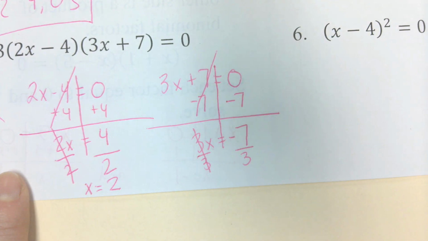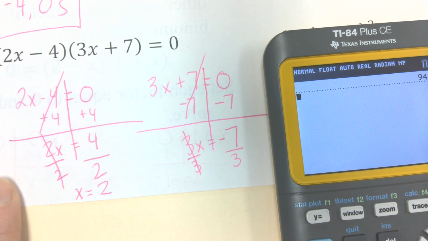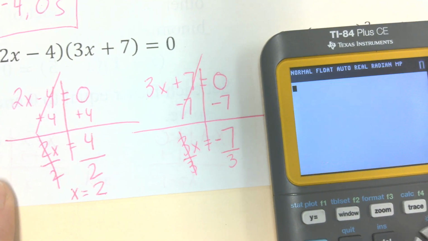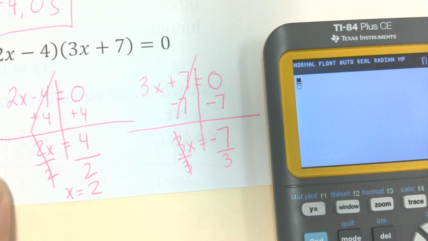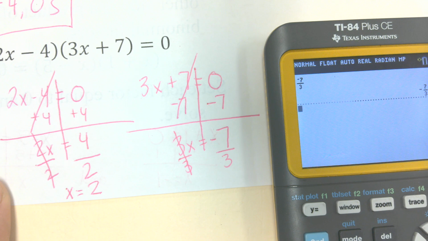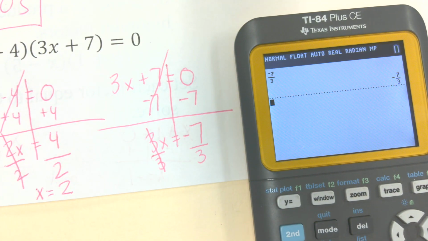We're going to leave it as a fraction. If it can be reduced, we'll reduce it. But let's look at it. If I put this in the calculator, you do this with me. I'm going to go ahead and do -7 over 3. And when it comes out to the same thing, that means it can't be reduced.